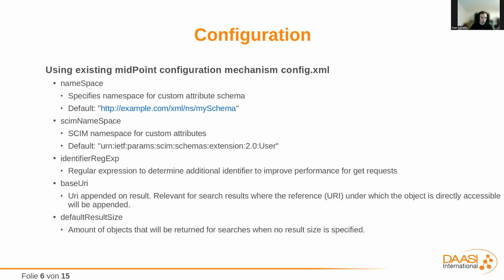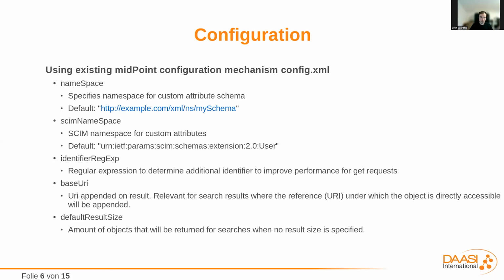Then we have the base URI. This one covers a specific behavior for SCIM. When you have a SCIM request and expect a result in SCIM, part of this result will always be an attribute called location. And this location is a URL which defines where you can find the object you just requested or which was just returned.